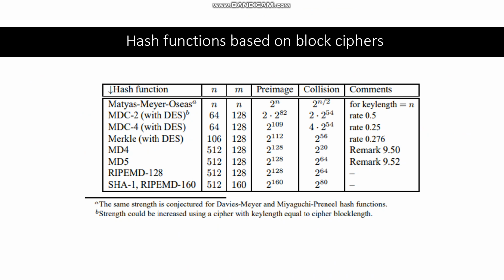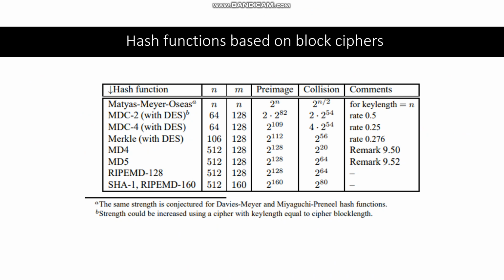In this table, you can see the conjectured security of a subset of the MDCs subsequently discussed in this lecture, similar to the case of block ciphers for encryption, for example, 8 or 12 round DES or 16 round DES. Security of MDCs often comes at the expense of speed, and trade-offs are typically made.